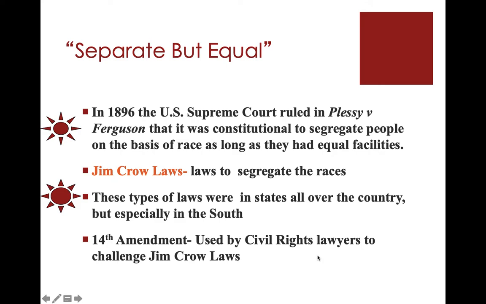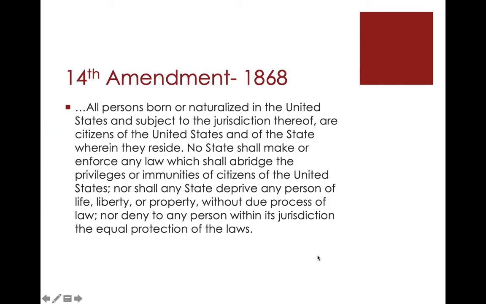The 14th Amendment was passed right after the Civil War, in an attempt to guarantee that formerly enslaved people, former black slaves, were not being discriminated against in the southern states where they now were supposed to be treated as equal citizens. And the 14th Amendment is a key component of understanding the civil rights movement. So let's take a look at that actually just a little bit here.